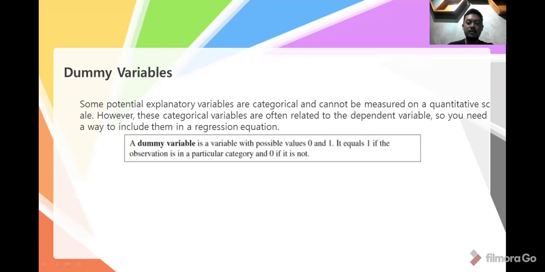Dummy variables. Some potential explanatory variables are categorical and cannot be measured on a quantitative scale. However, these categorical variables are often related to the dependent variable. So you need a way to include them in a regression equation.